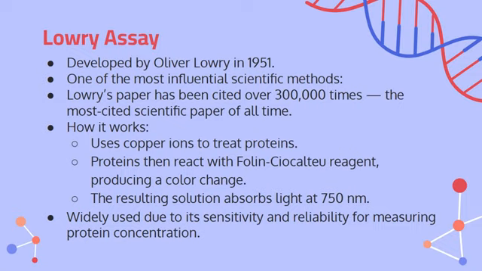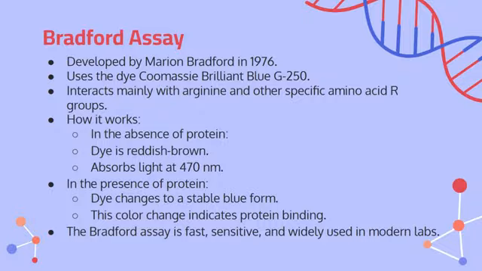Then we have Bradford's assay, which was developed by Marion Bradford in 1974. It uses the dye Coomassie Brilliant Blue, or G250, and it interacts mainly with the arginine and other specific amino acid R groups.